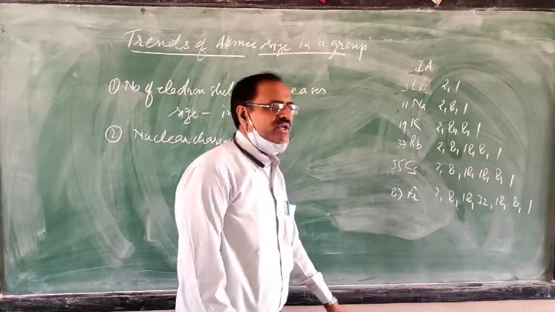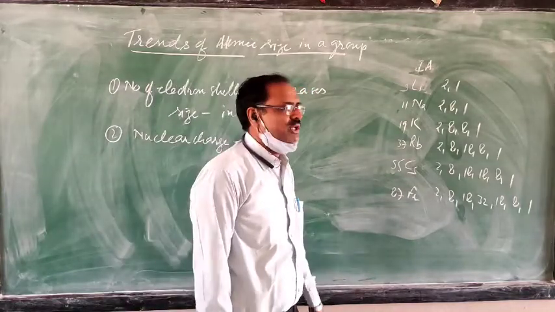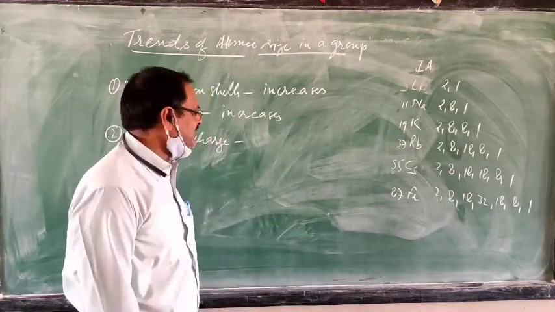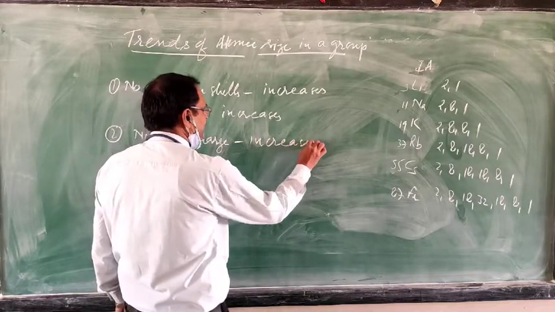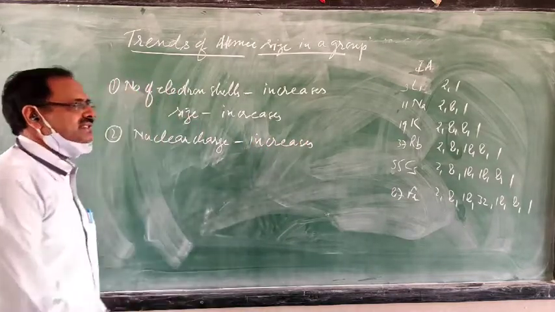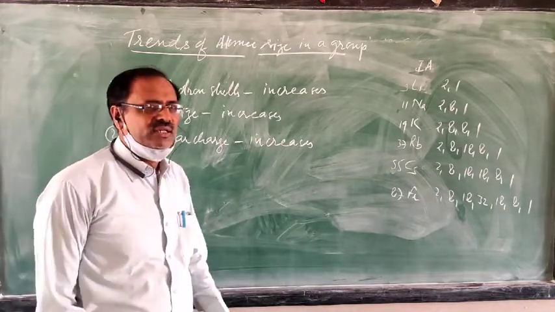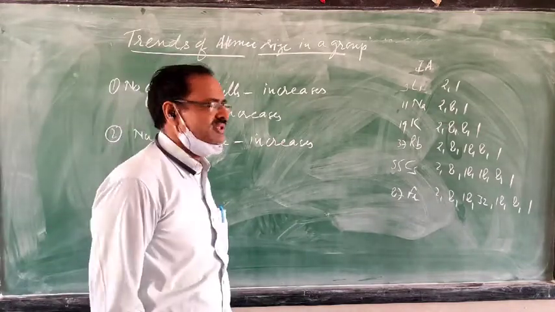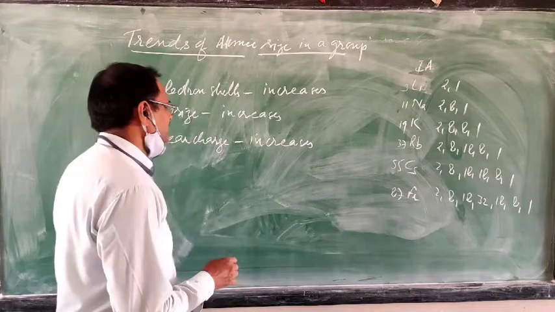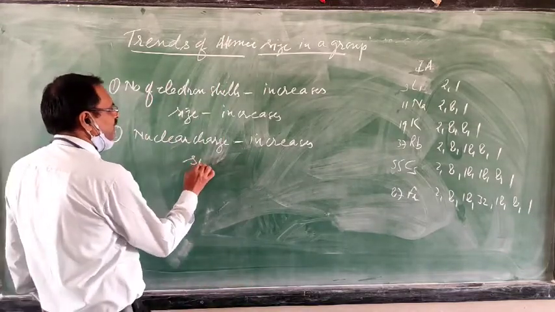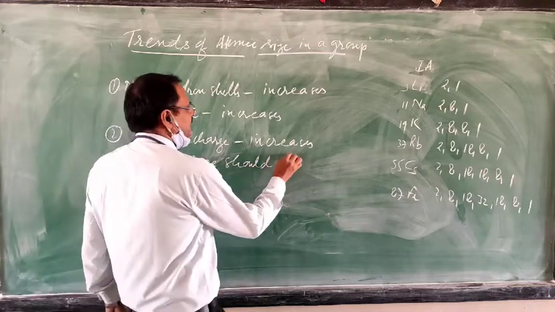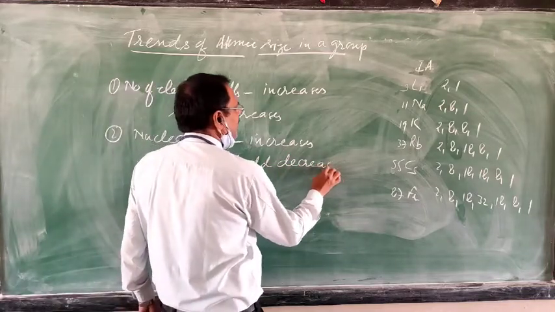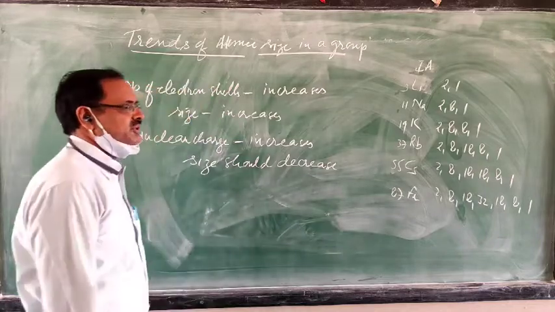It means when you move in a group from top to bottom, nuclear charge increases. If the nuclear charge increases, it is natural that the force of attraction on the outer shell electrons will be more, so the size should decrease.